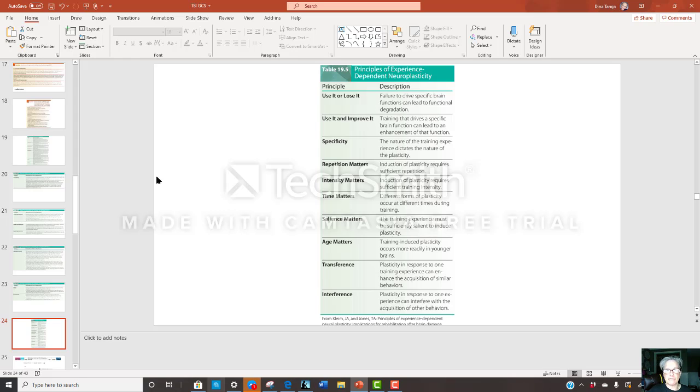Table 19.5, Principles of Experience Dependent Neuroplasticity. Principle, use it or lose it. Failure to drive specific brain functions can lead to functional degradation. Use it and improve it. Training that drives a specific brain function can lead to an enhancement of that function.